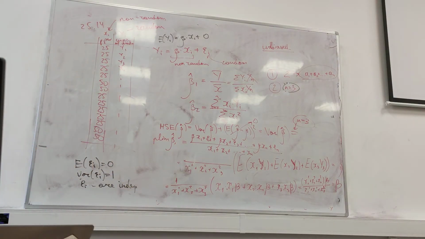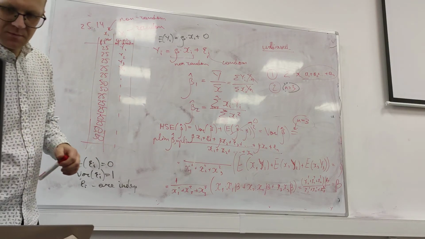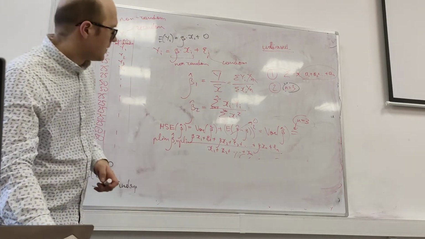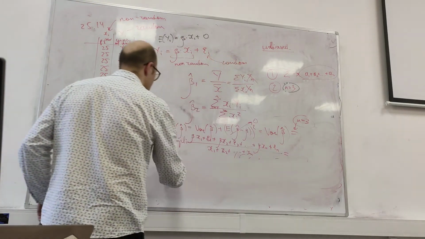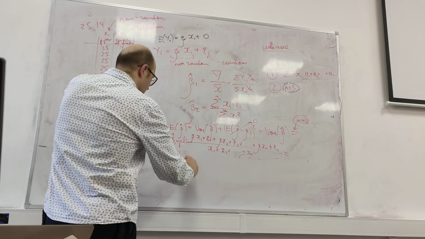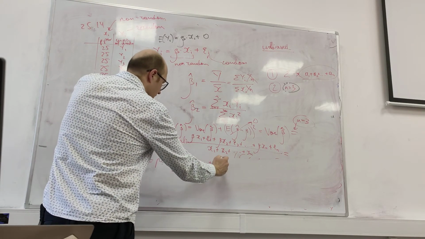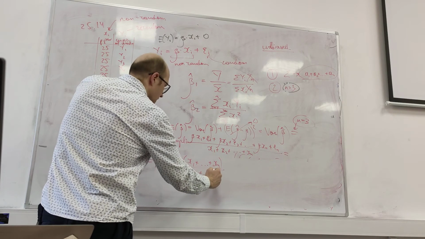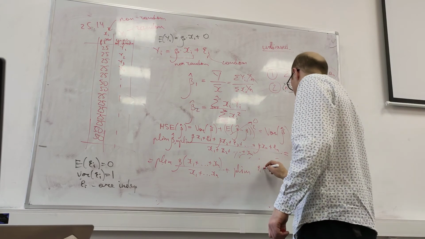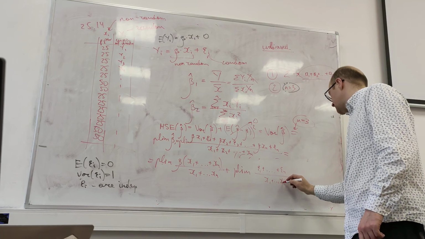First I add the limit, I forgot the limit here. Then I can divide the first part by the second part. So I have the limit of beta times (x1 plus ... plus xn) divided by (x1 plus ... plus xn), plus the limit of (epsilon 1 plus ... plus epsilon n) divided by (x1 plus ... plus xn).